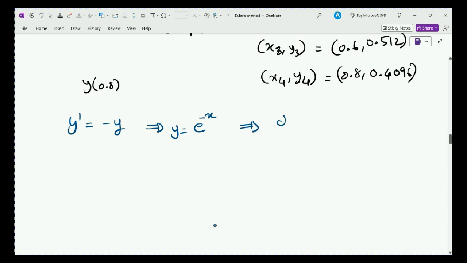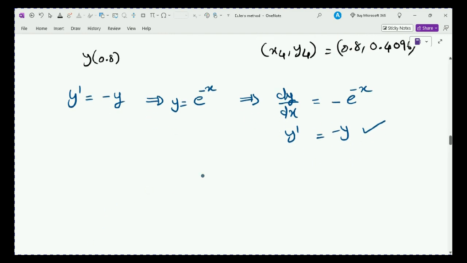If you differentiate, dy by dx equals minus exponential minus x, so we have y dash equal to minus y. The solution is satisfied. You have solved this several times before. We also got the numerical solution, and we are going to compare the two to know whether our numerical solution is correct, or how good it is.